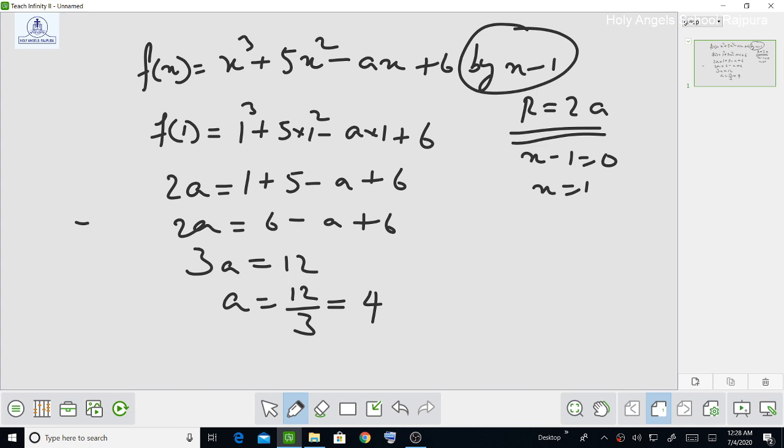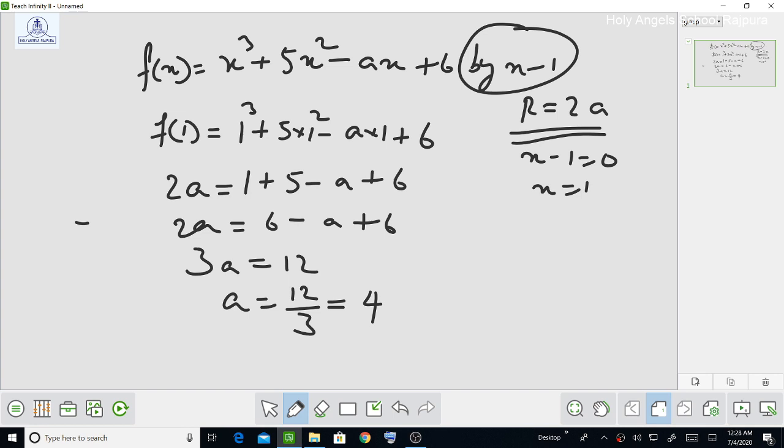Once again, the given polynomial is x cube plus 5x square minus ax plus 6. When this polynomial is divided by x minus 1, it gives a remainder 2a. The remainder is already given.